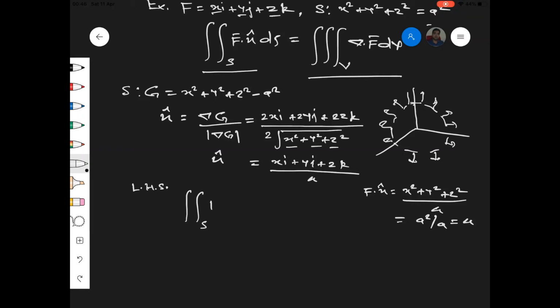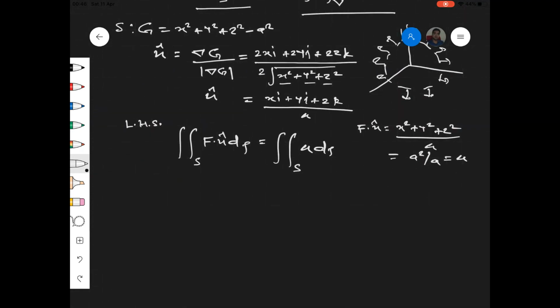So f dot n d rho, this is going to be double integral over the surface S, F dot n is a d rho.